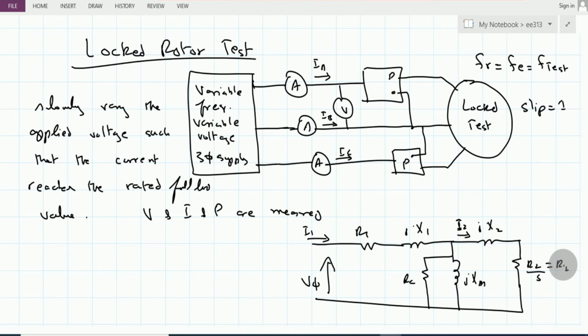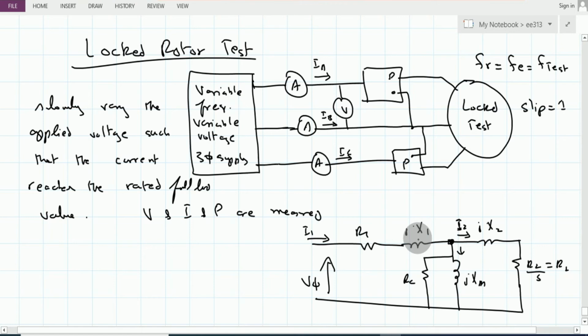Because this R2 and X2 are so small, the majority of the current flowing from this I1 moves onto the rotor circuit, instead of diverting onto the magnetizing branch as we have seen in the previous test.